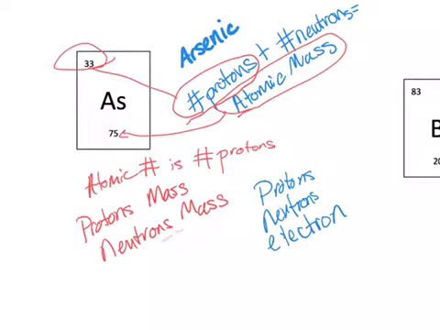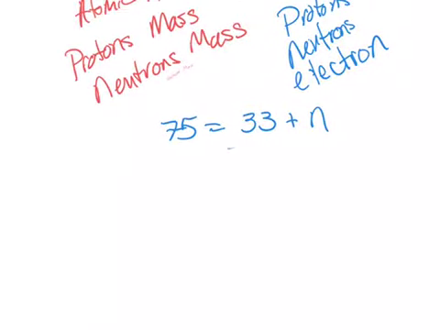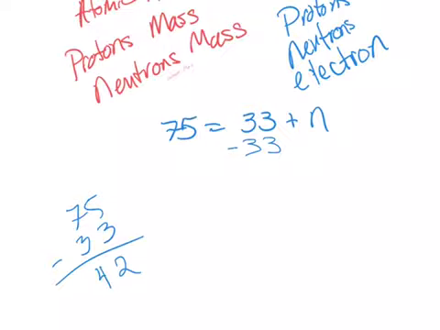So you could make an algebra problem out of this. Our atomic mass is 75, equals number of protons we have, which is our atomic number, which is 33, plus the number of neutrons, and I'm just going to write the letter N there. We can subtract 33 from both sides, and we get 42.